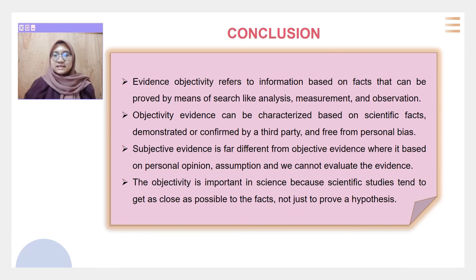However, subjective evidence is far different from objective evidence, where it is based on personal opinion and assumption, and we cannot evaluate the evidence. Objectivity is important in science because scientific studies tend to get as close as possible to the facts, not just to prove a hypothesis.